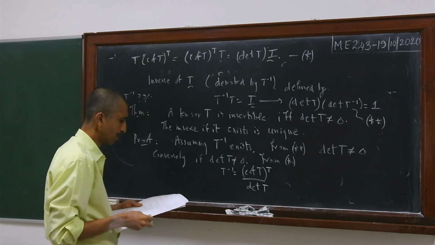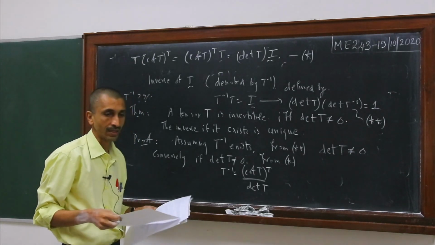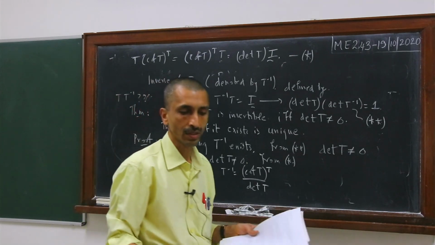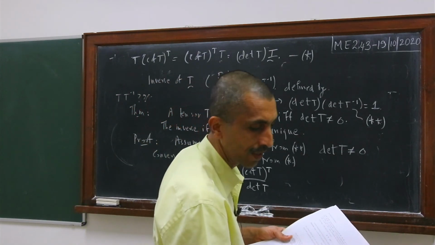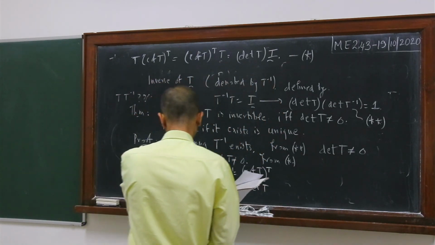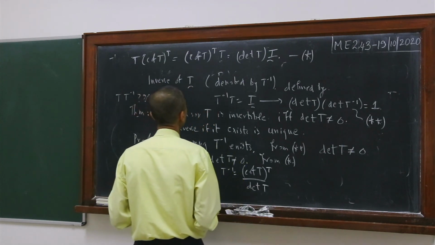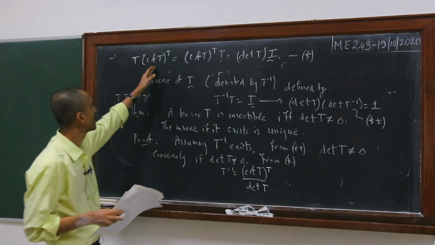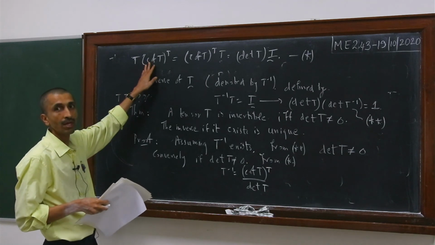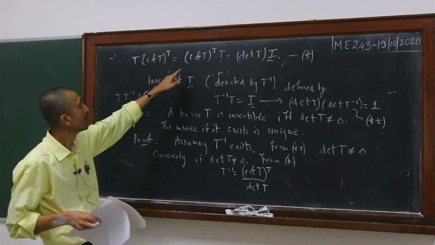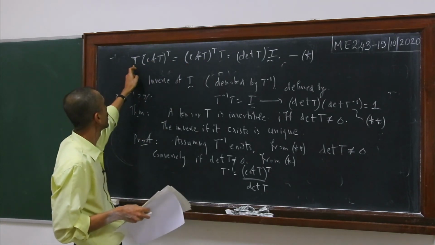Now, as I said, the proof of uniqueness is quite subtle here. Let us try to prove the uniqueness of the inverse. You may say that directly you can see from this relation that T inverse T is T times T inverse.